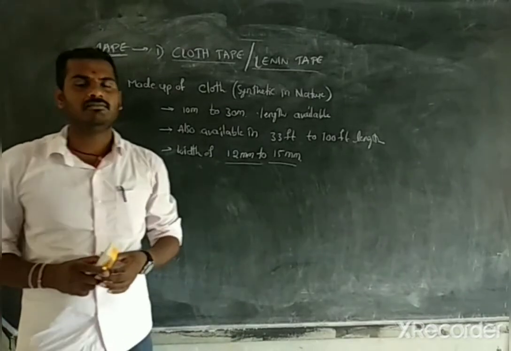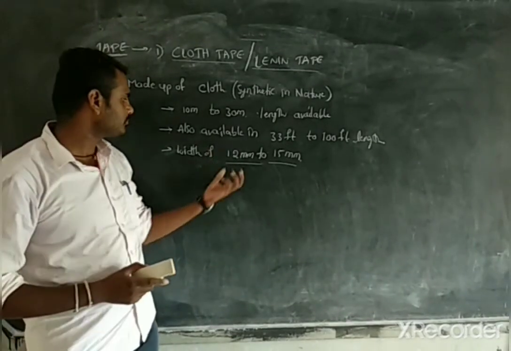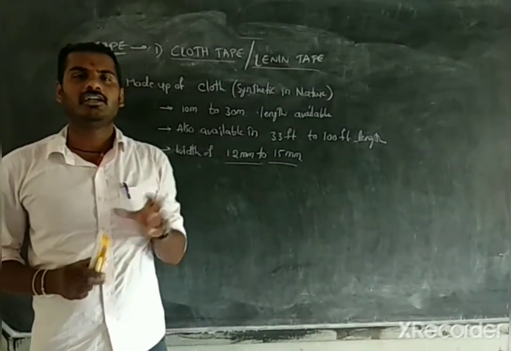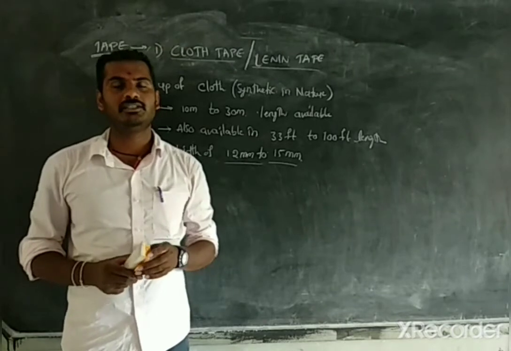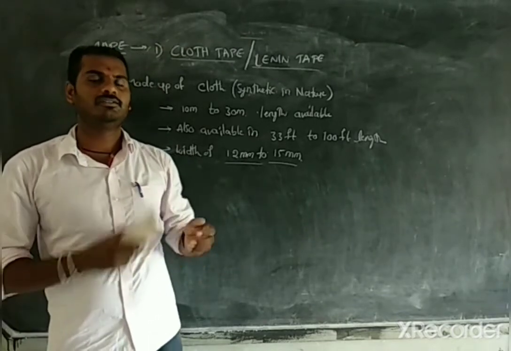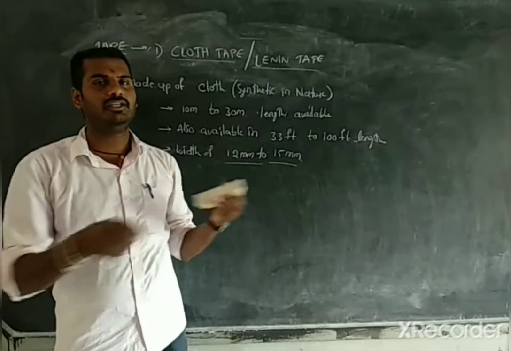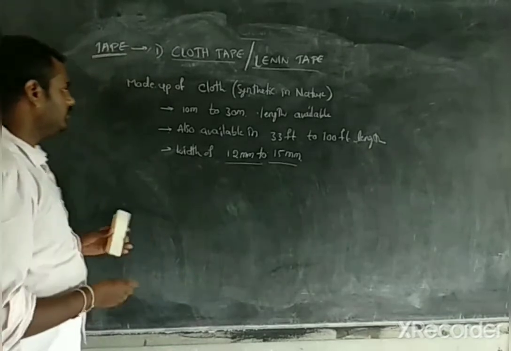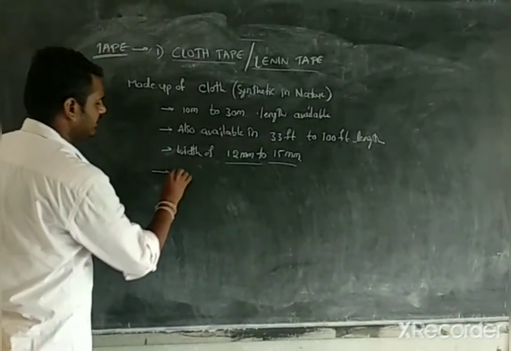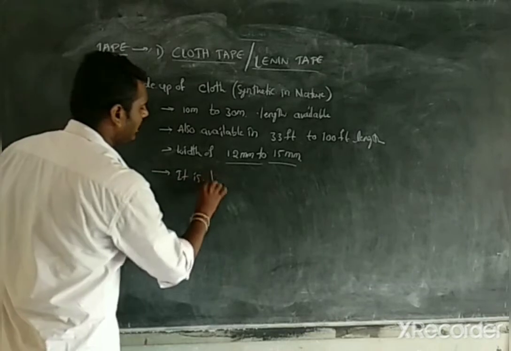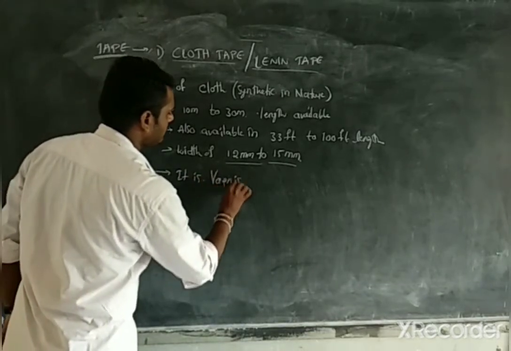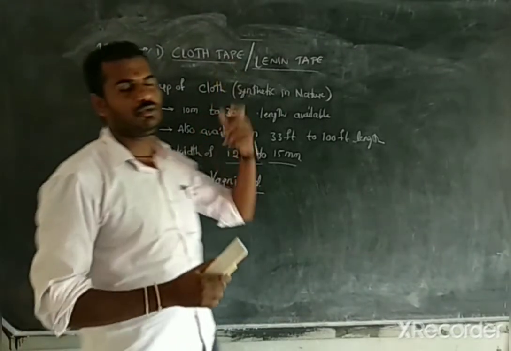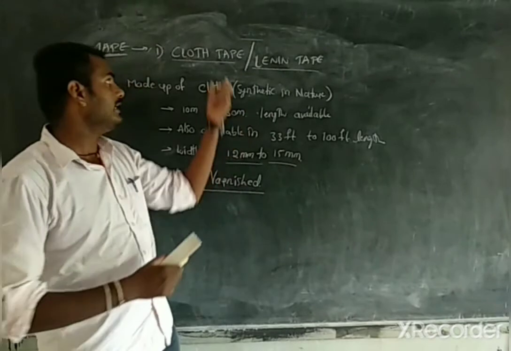By using this cloth tape, if you measure any distances, cloth is most probably subjected to abrasion or some frictional forces when you put it in use. That is the reason it is generally varnished, to protect the cloth tape during the work and to improve its lifetime.